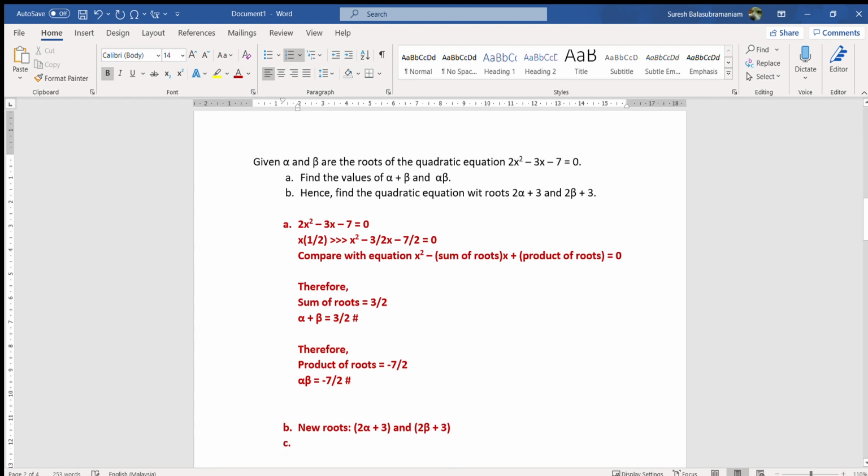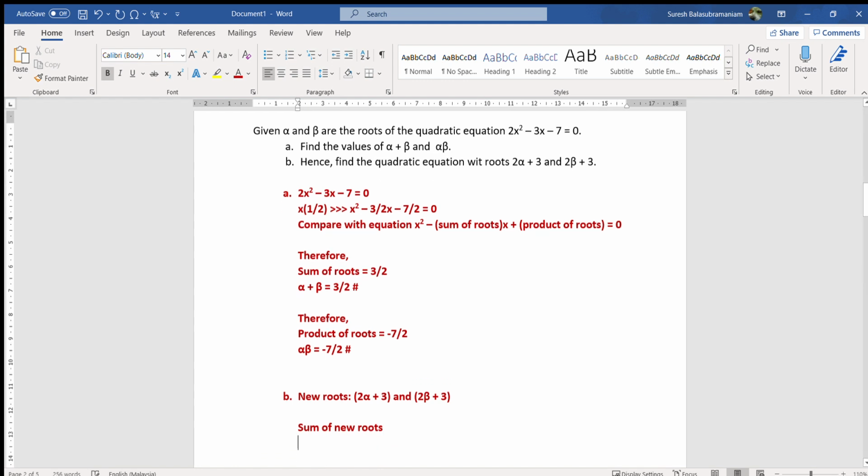I can find the sum of new roots, which is 2 alpha plus 3, I can copy and paste, plus 2 beta plus 3.